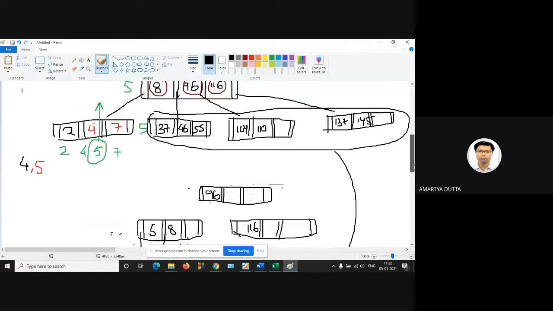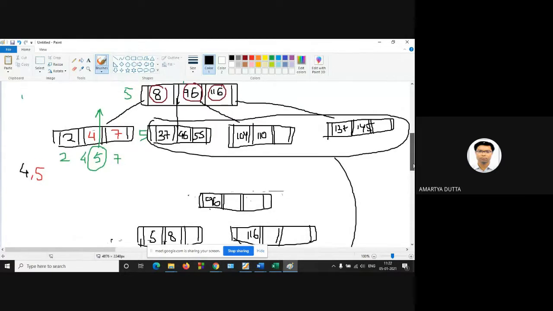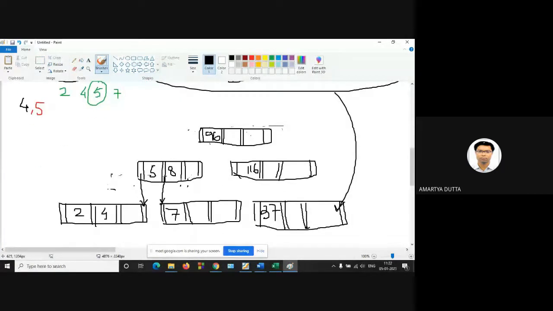Yes, right child of 8. That's why I'm drawing this. So this is the right child. Is it clear now?